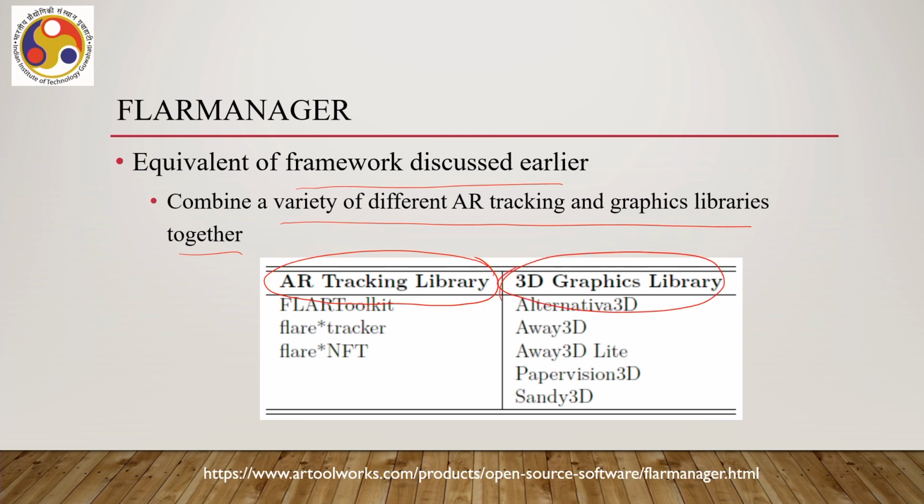On the one hand, we have AR tracking libraries, where we can use Flower Toolkit, Flower Tracker, NFT, and on the other hand, if we are combining it with a 3D graphics library, then we can use Alternativa 3D, Away 3D, Away 3D Lite, Papervision 3D, Sandy 3D. So, these are some examples of different graphics libraries that can be combined with the toolkits, and a combination of both can be used primarily for prototyping rather than going for a full fledged development exercise.